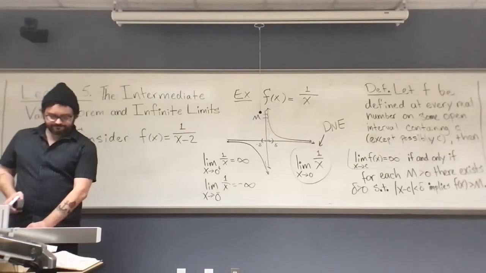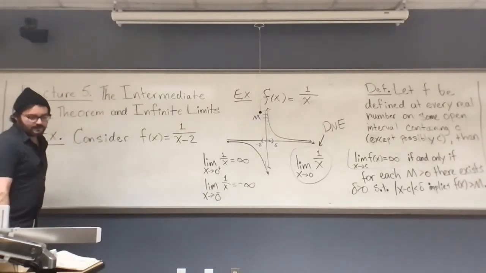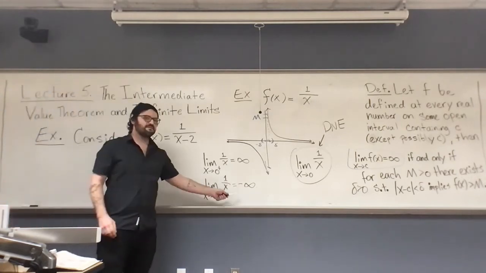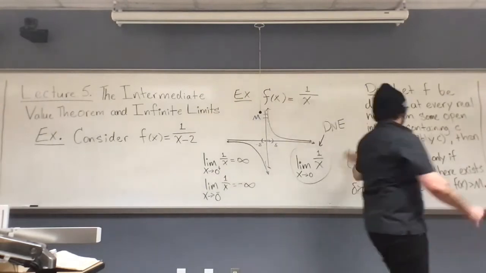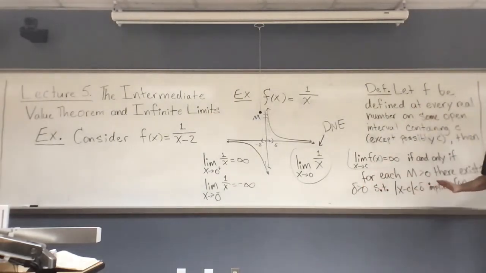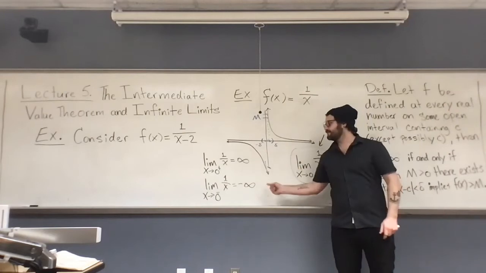Okay, so, oh, we didn't define this, negative infinity. How do you think that we could modify this definition to handle the negative infinity case? So it's like this left-hand side here.